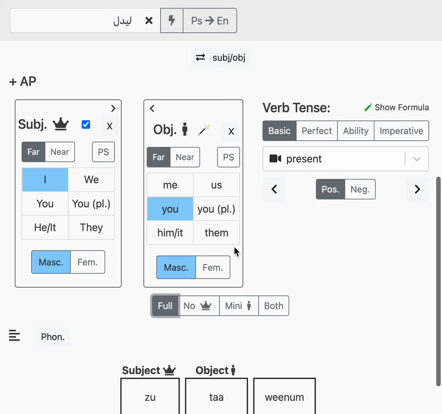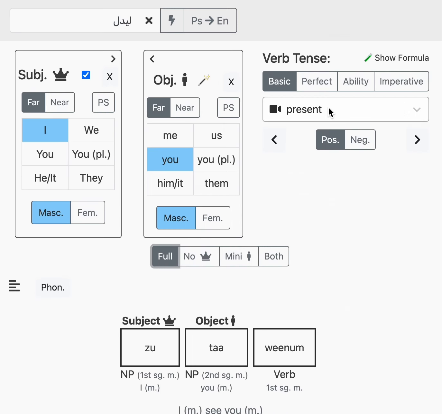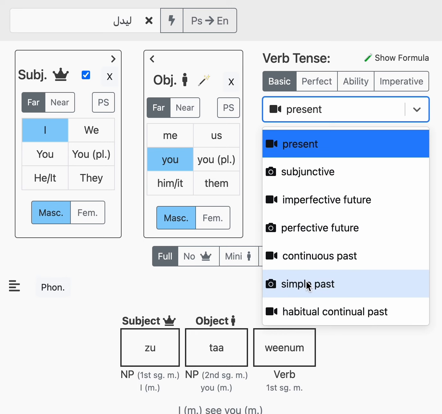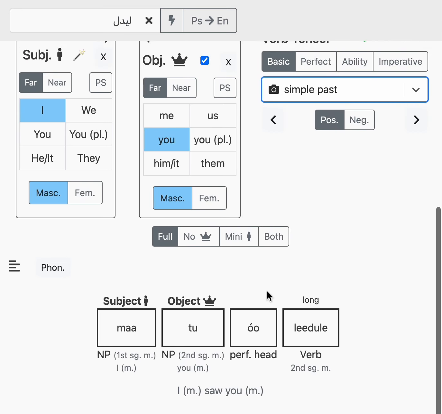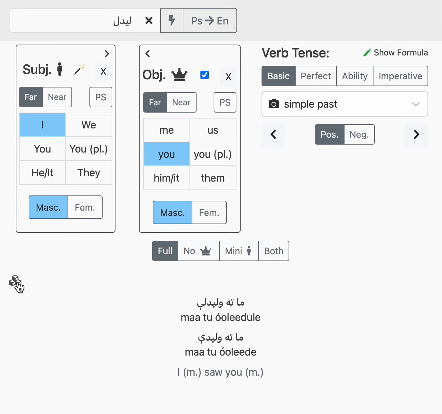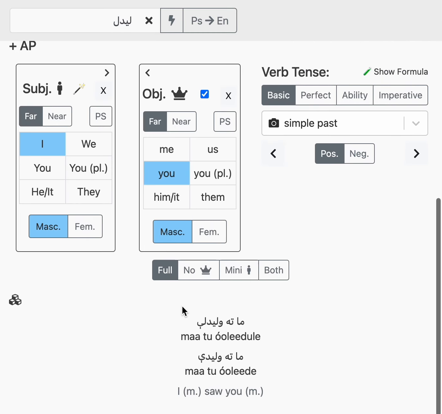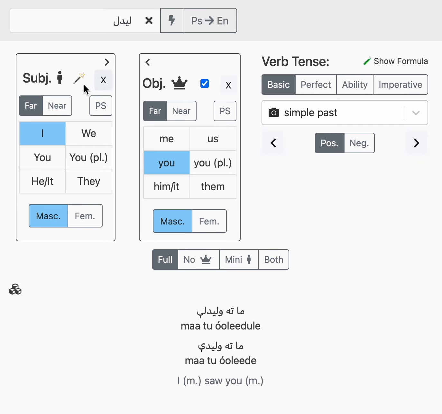So let's look at a different example. Let's look in the past tense. This is going to be totally different. Well, it's going to be the same, but totally different. You'll see what I mean. So if I say, I saw you. Now we have the subject is the servant and the object is the king. Ma te wulide, or the example that I gave at the beginning.